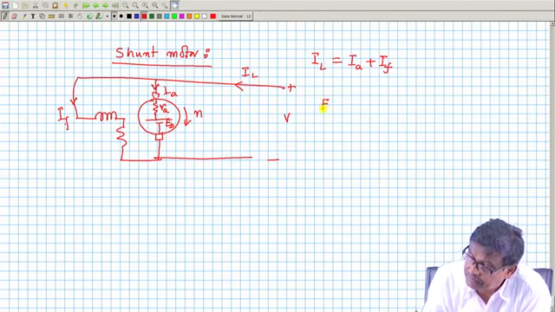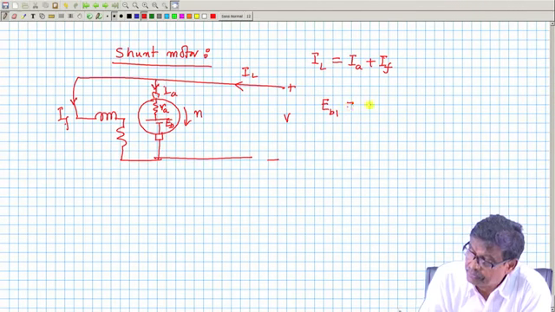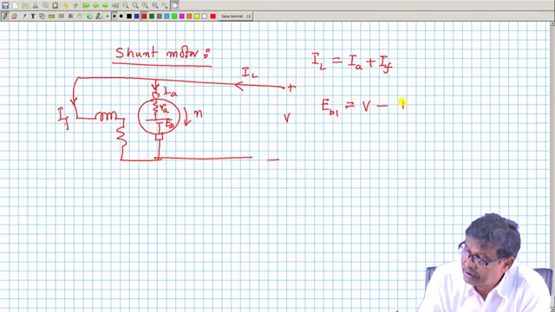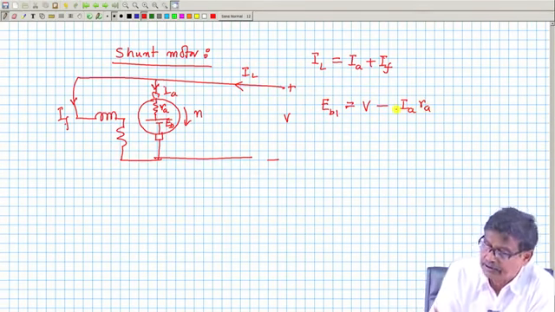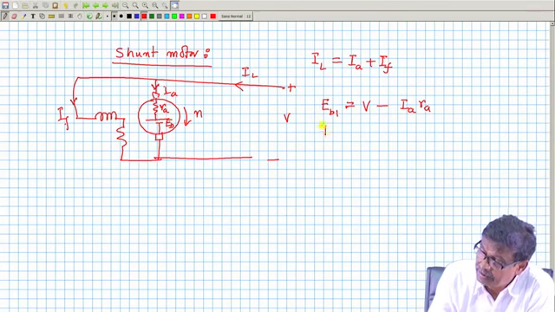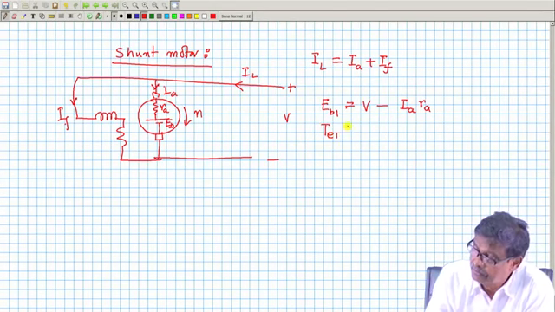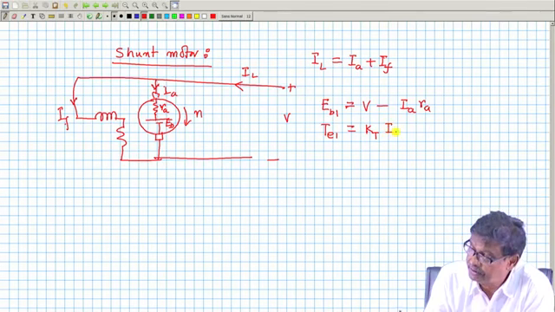What will be the back EMF here? EB1 should be equal to supply voltage V minus IA RA in general when it is drawing current. Electromagnetic torque will be proportional to kT into phi, but phi is replaced by field current if it is linear, into the armature current.